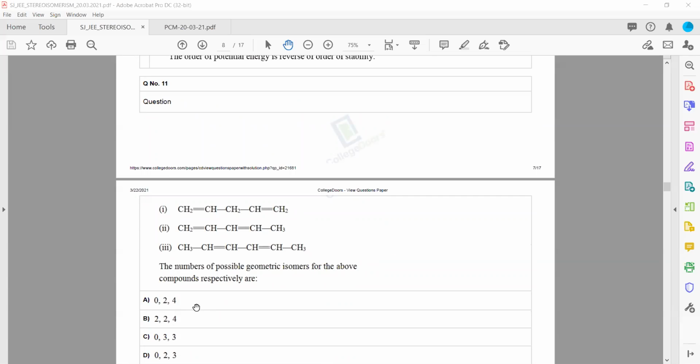Next, the number of possible geometric isomers for the above compounds respectively are. First one, how many geometric centers are there? 0. Because this double bonded carbon is having two hydrogens which are identical. ठीक है, मैंने simple rule क्या बोला था?